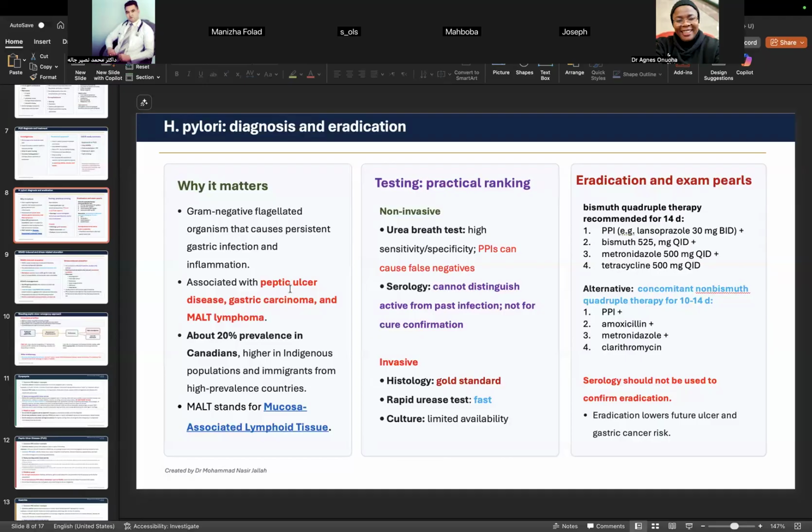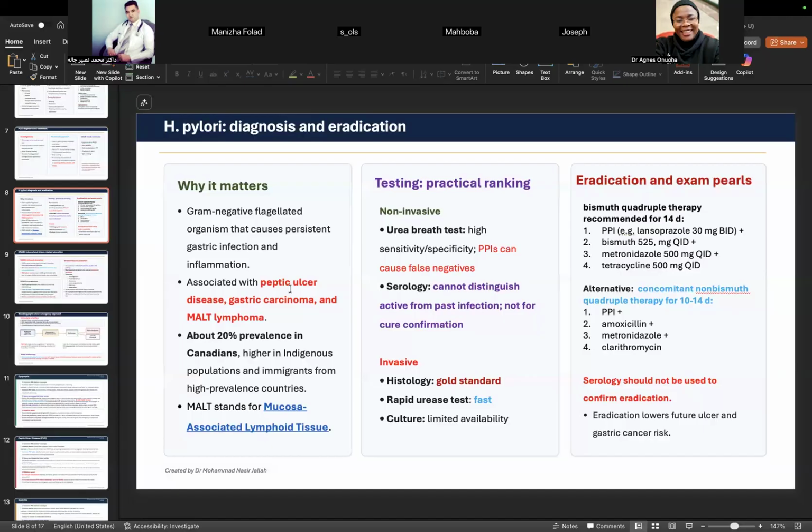Serology cannot distinguish active from past infection, and is not used for cure confirmation. Back home, I don't think we still have the urea breath test in Afghanistan, so what we do is serology, and for the test of cure, we do the stool exam.